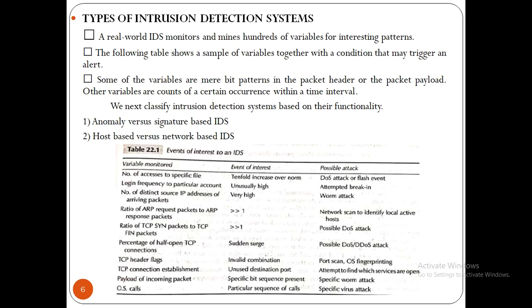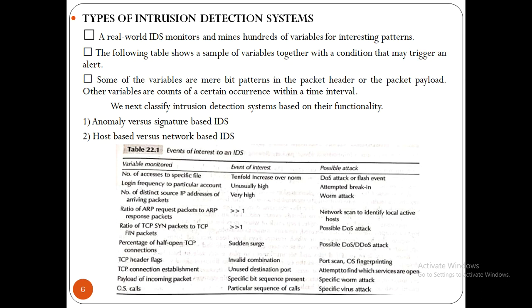Now let us see the types of intrusion detection system. A real-world intrusion detection system monitors and mines hundreds of variables for interesting patterns. The following table shows a sample of variables together with a condition that may trigger an alert.